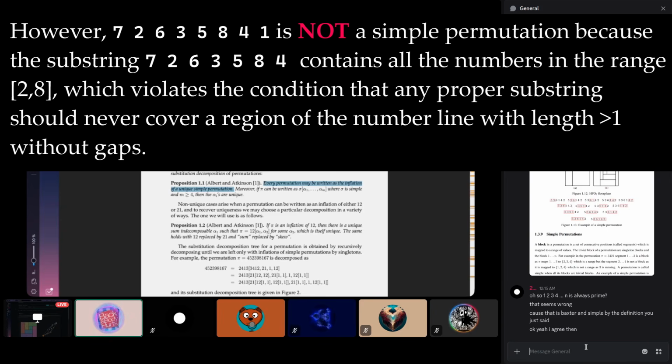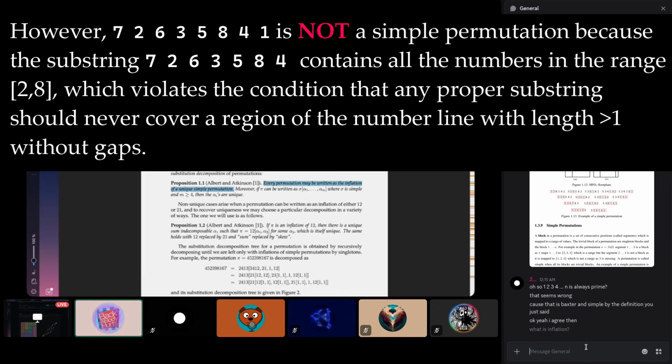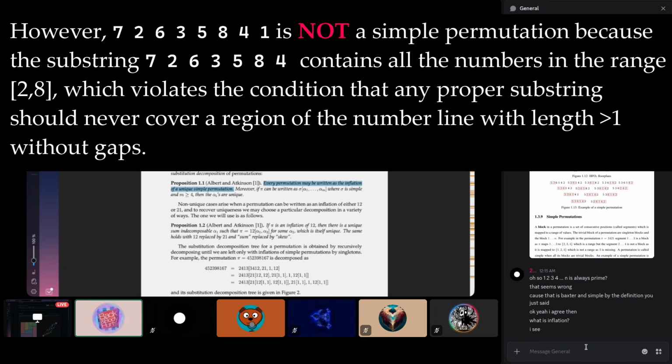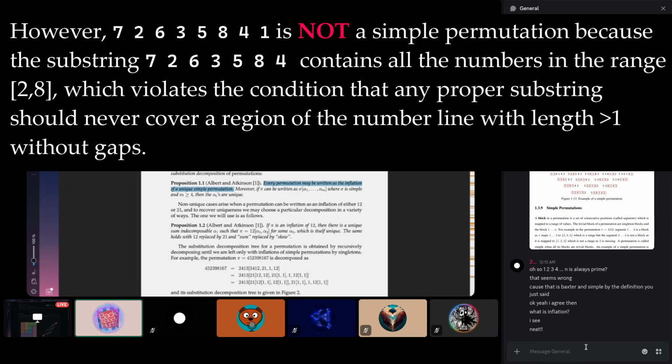So again, bijection. Everything maps to everything. Inflation is basically a pinwheel within a pinwheel, where the thing that we just did with the initial pinwheel makes the nested pinwheel. We put a permutation within an individual digit of the permutation and increase the numbers.